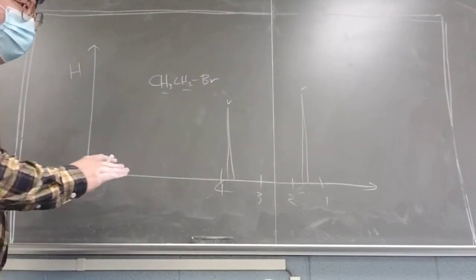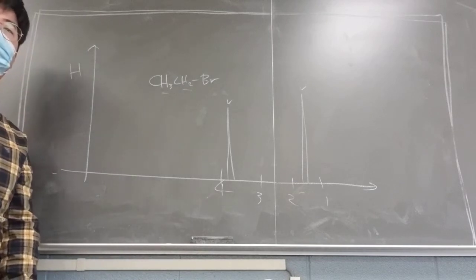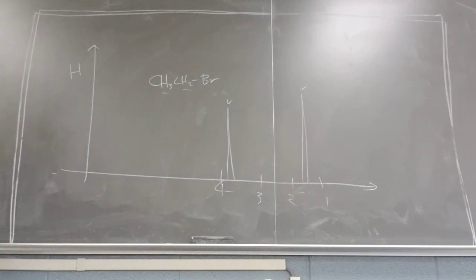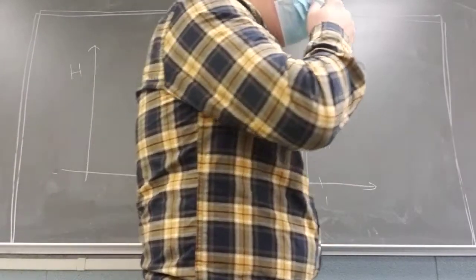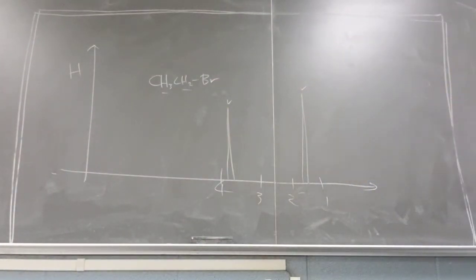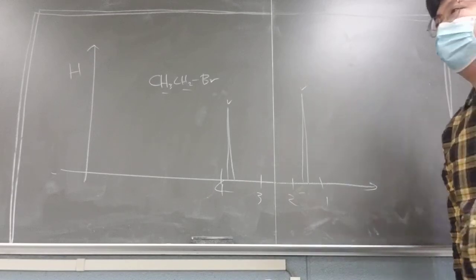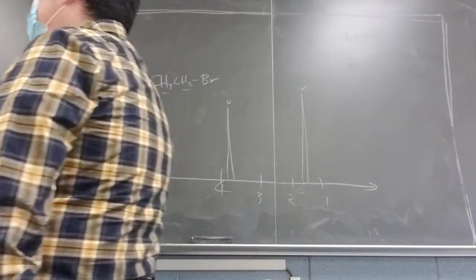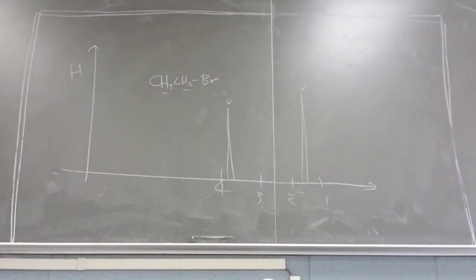You don't have to worry about the position. It will be better if you know, but it'll be in the table anyway. So don't memorize the numbers, but you kind of know where, relatively speaking, those peaks should be located. Okay, 30 seconds.